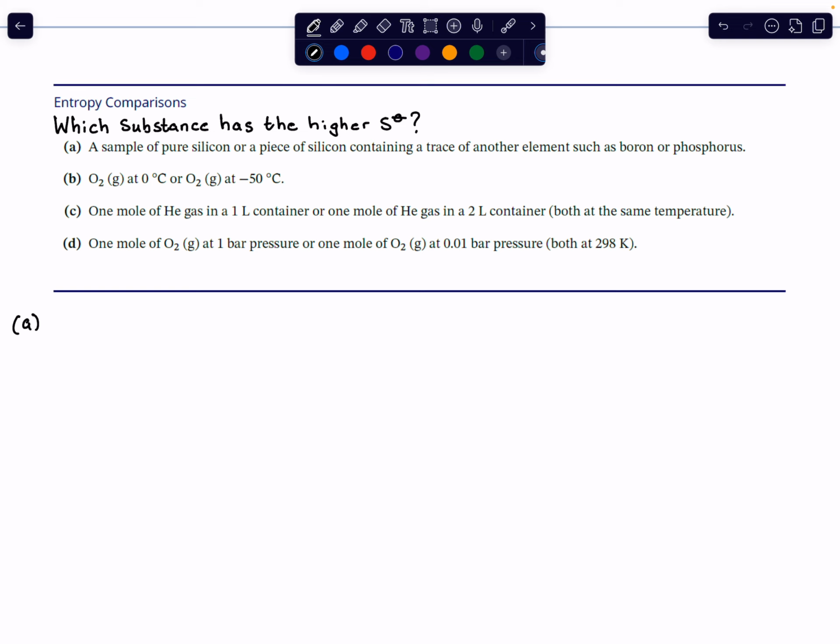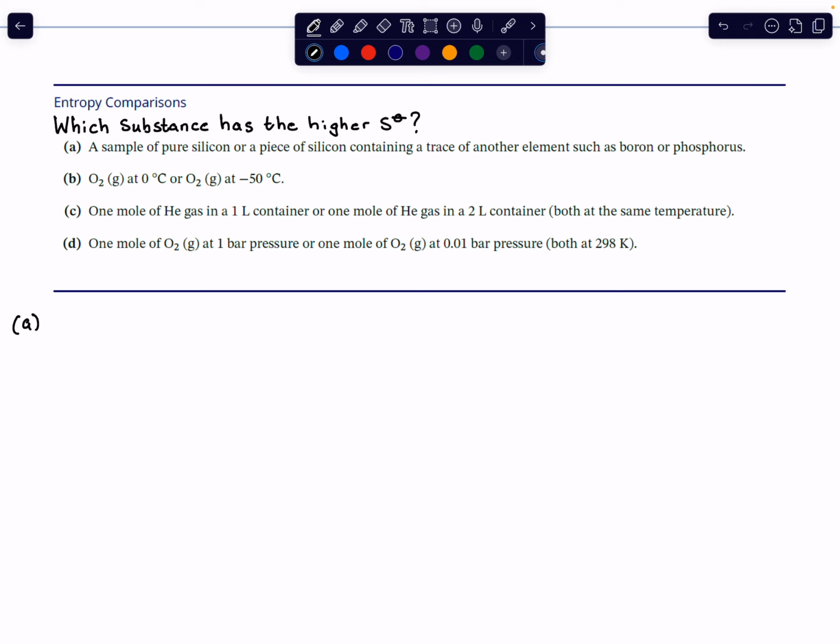So for the first comparison, we're told about a sample of pure silicon or a piece of silicon containing a trace of another element such as boron or phosphorus. Our question always is which species has the option for higher dispersal. Secondly, you can use the argument of microstates.